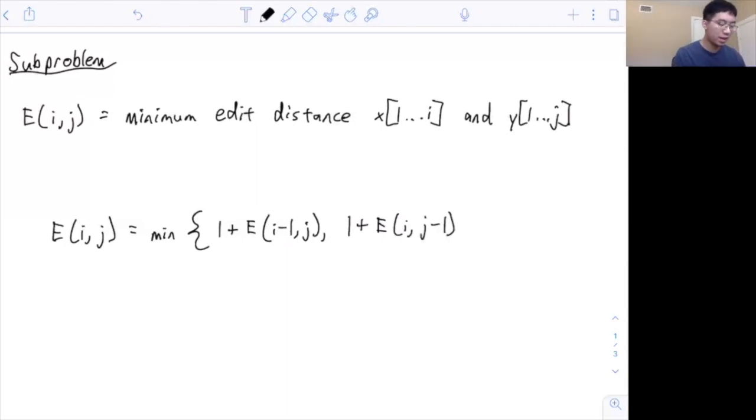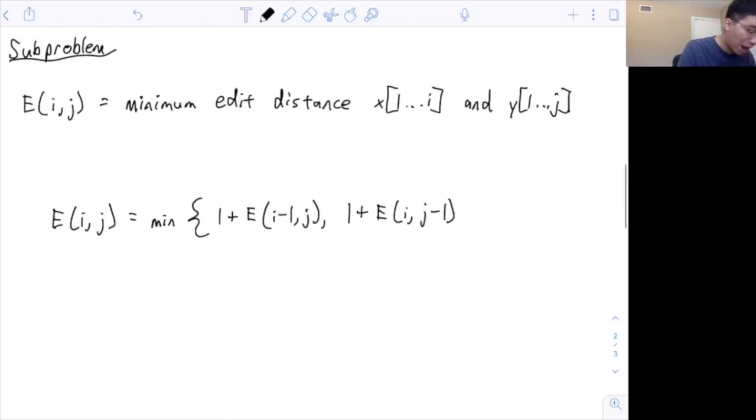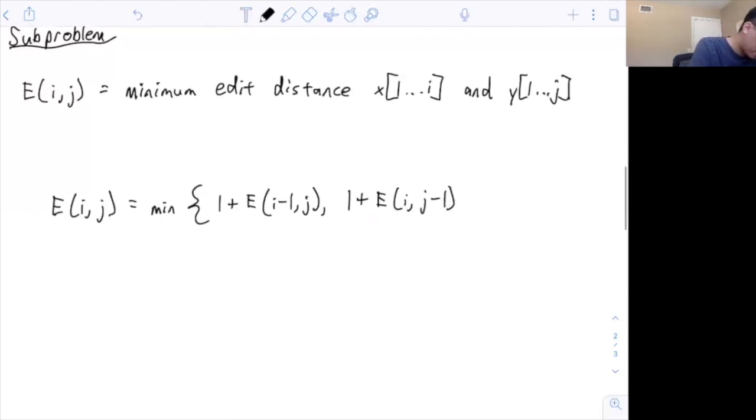Notice that E of i and j minus 1 is the number of edits needed to transform the first i characters of x into the first j minus 1 characters of y, and then we insert one character to get the substring y from 1 to j. So again, this is a deletion, and this here is an insertion.